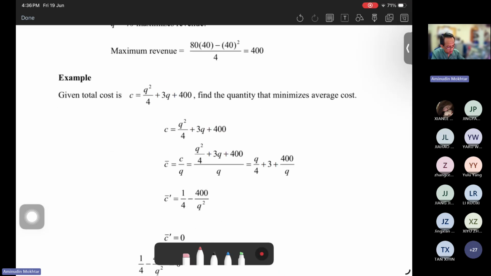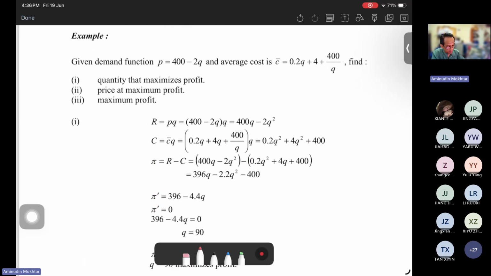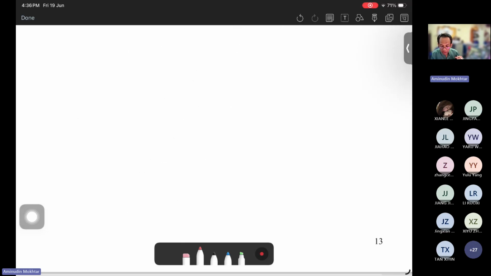I will focus on the last example because this example is very important, as it includes the total revenue, total cost, and also the total profit. Please refer to page 30. I will show you step by step how to answer the question, how to apply the maximum and minimum.